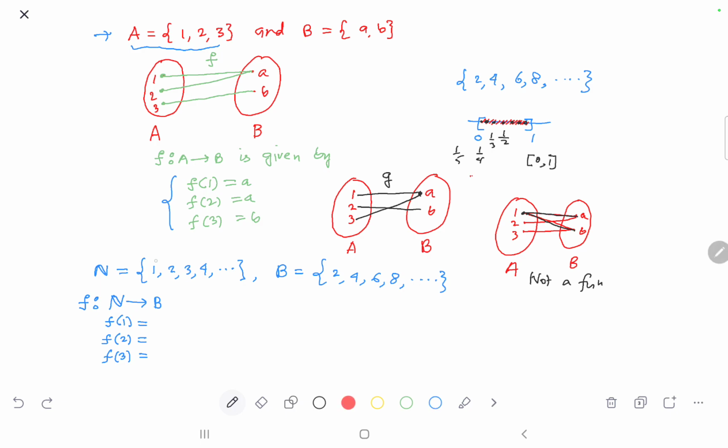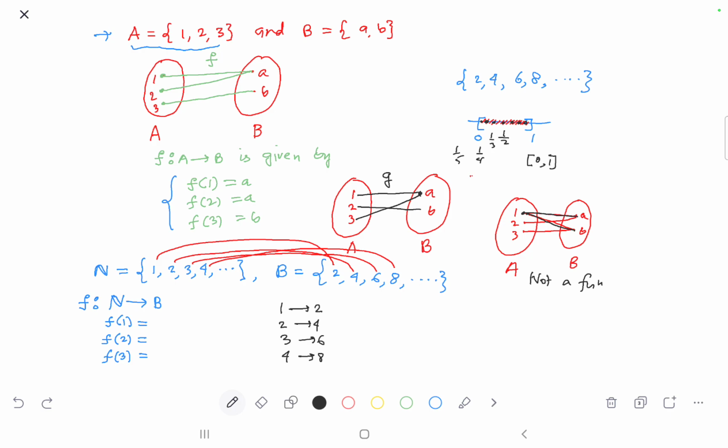I am sending 1 to 2, 2 to 4, 3 to 6, and 4 to 8, like that. So 1 goes to 2, 2 goes to 4, 3 goes to 6, 4 goes to 8. Are you getting any rule here that I am maintaining?